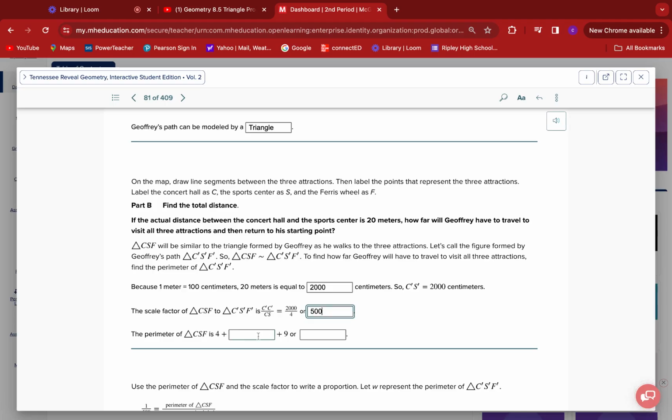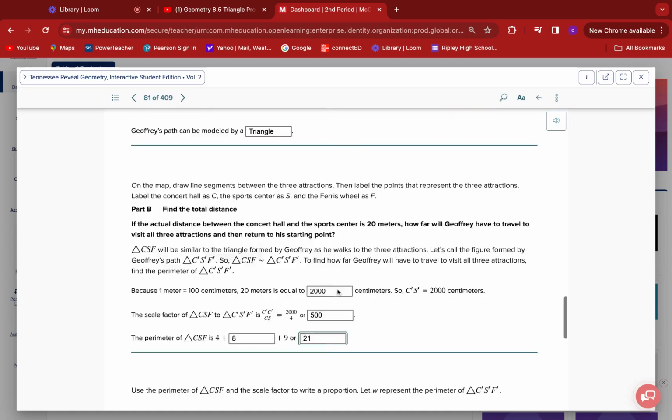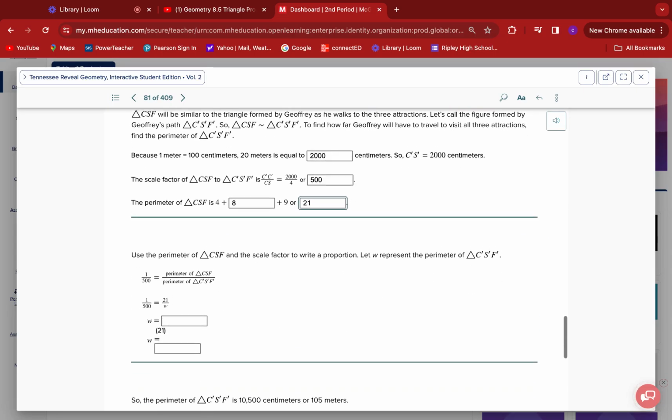Now they're talking about perimeter, so we're going to add 4, 8, and 9. I'm not sure why they're doing them out of order, but fine, whatever. That's 21. And if you're wondering where I got that, remember this was 9, 8, 4. 9 plus 8 plus 4 is 21. Here's where we're going to set up our proportion. 1 out of 500.